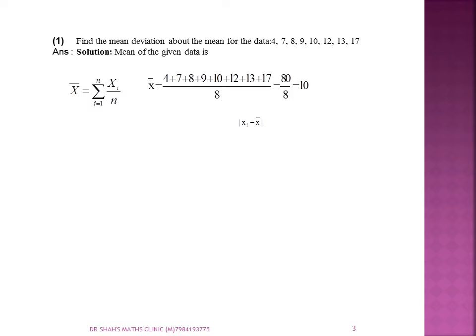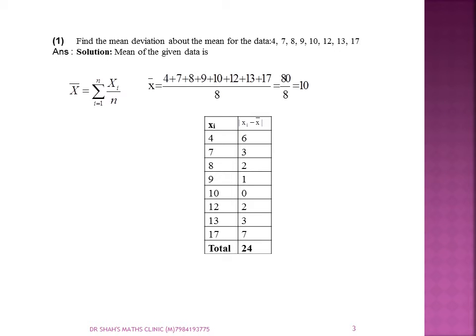Now I am going to arrange all the observations in column form: 4, 7, 8, 9, 10, 12, 13, 17. Here we need to find modulus of xi minus x bar, because our formula needs this.